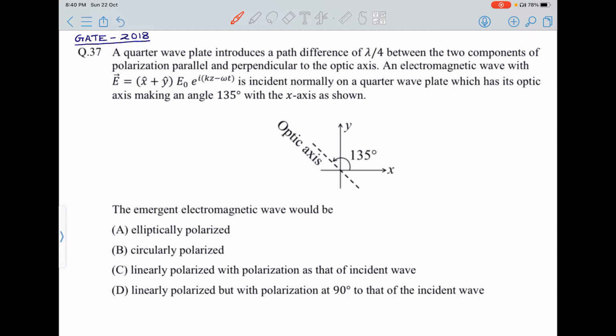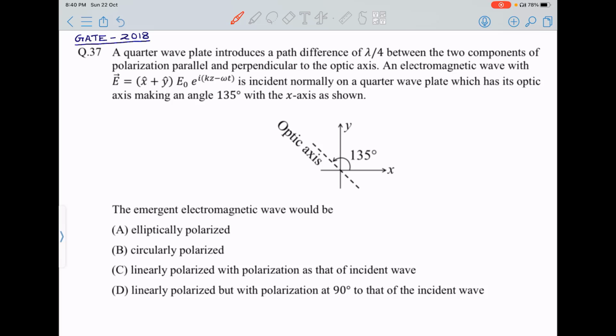An electromagnetic wave with E equals (x cap plus y cap) times E naught exponential i(kz minus omega t) is incident normally on a quarter wave plate which has its optic axis making an angle 135 degree with the x-axis as shown.